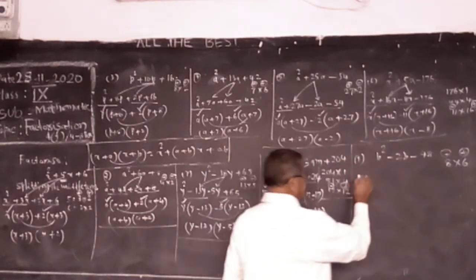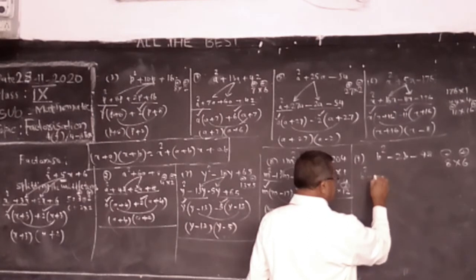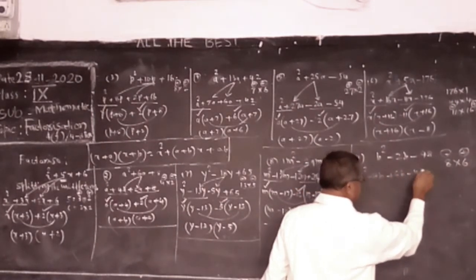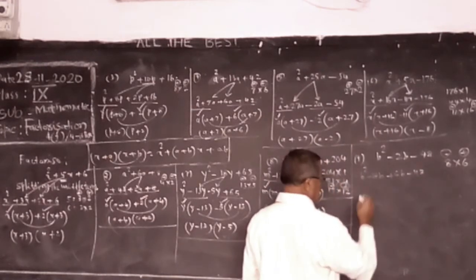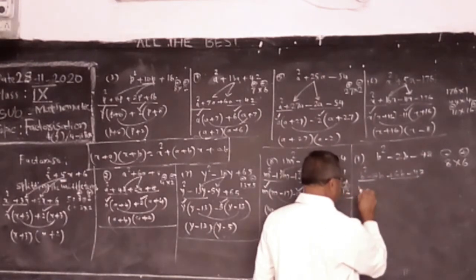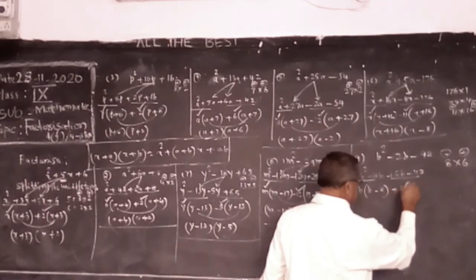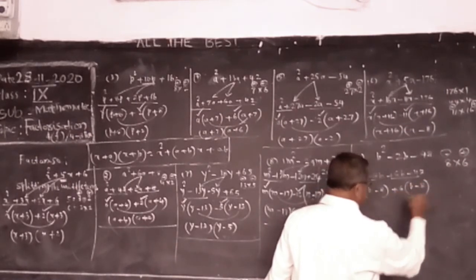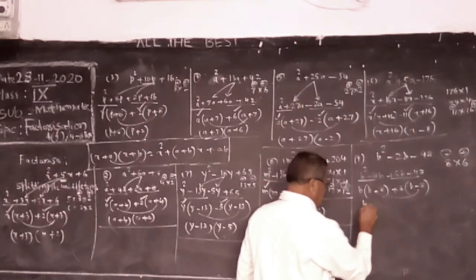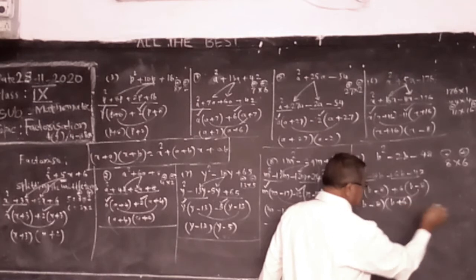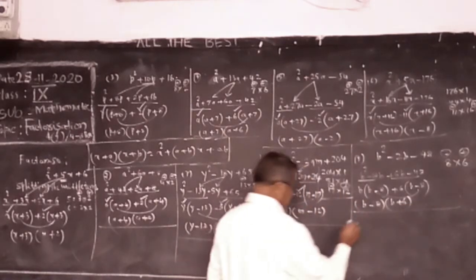Now b squared minus 8b plus 6b minus 48. Take b common, b minus 8; plus 6 taking common, b minus 8. b minus 8 common into b plus 6. So these are the factors.